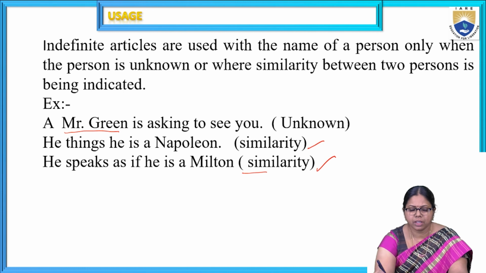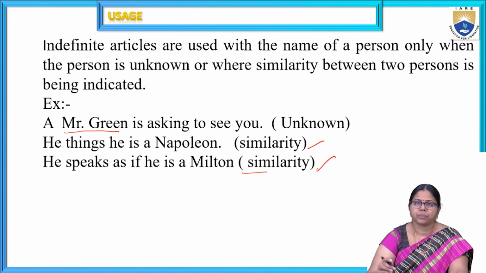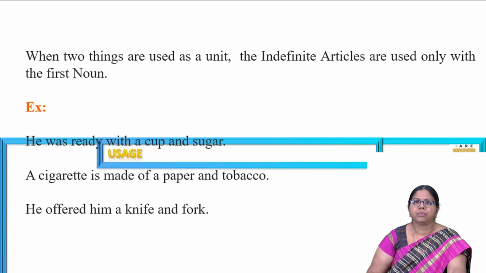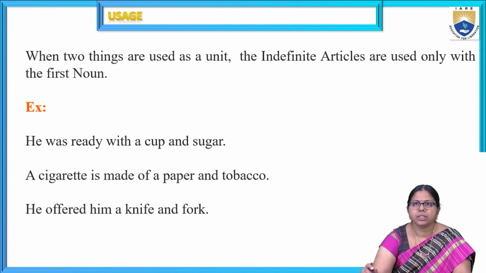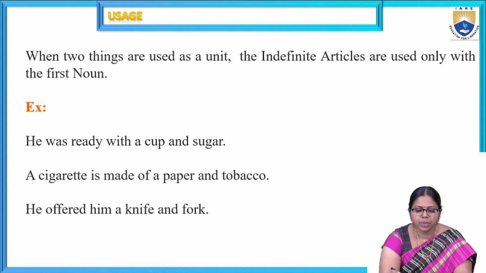He thinks he is a Napoleon and he speaks as if he is a Milton. So these are a few uses of the indefinite article. And one more. When two things are used as a unit, the indefinite article is used with the first noun. For example, he was ready with a cup and sugar.